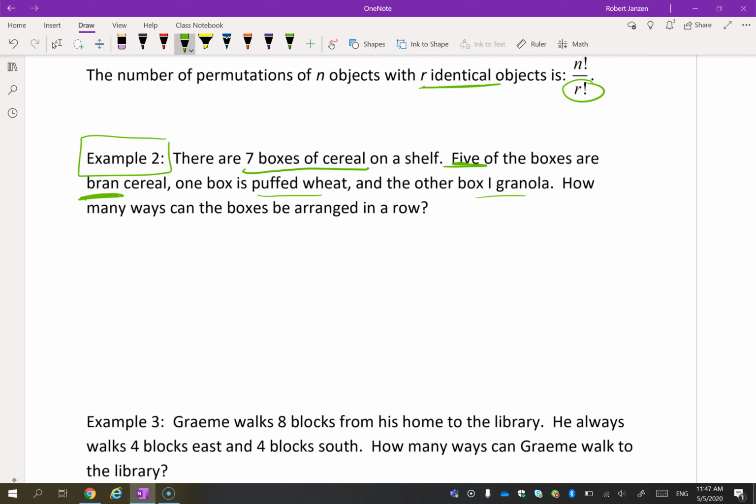Okay, so let's try the question. 7 boxes of cereal. So there would be 7 ways to rearrange them. But 5 are of the same kind. They're identical.